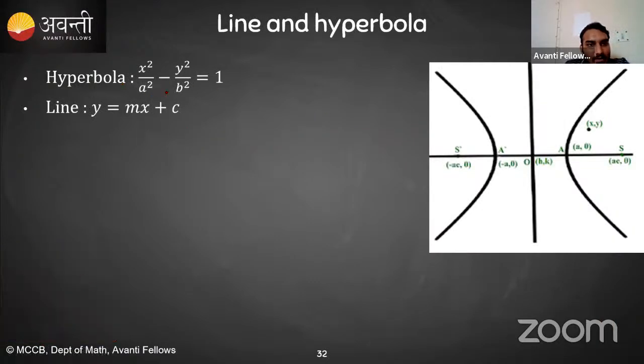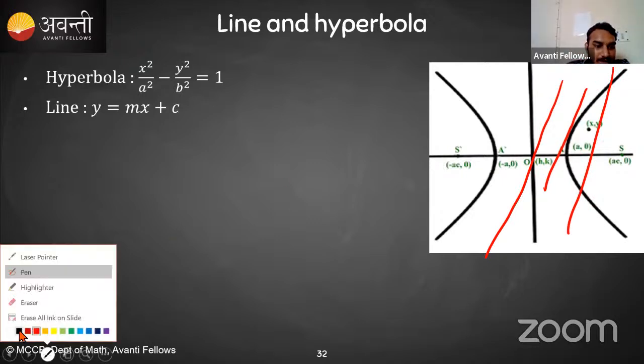Okay, so first of all, when the hyperbola is x square by a square minus y square by b square equal to 1, and the line is y equal to mx plus c. Okay, the line can be a tangent to the hyperbola, right? Like this line is a tangent, or the line can pass outside of the hyperbola, or the line can intersect the hyperbola. Yes or no? Right?